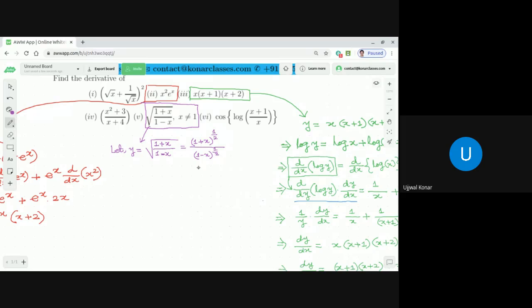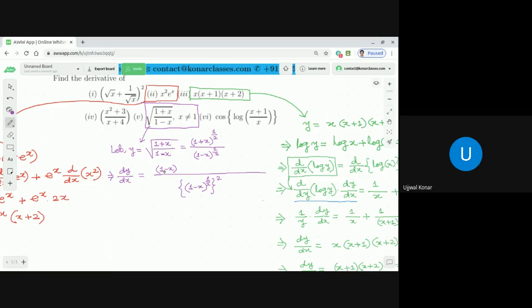So then, what we can write here is that dy dx is equal to, as we have learned, the u by v formula, where u is (1 plus x) power 1 by 2 and v is (1 minus x) power 1 by 2. So that is nothing but [(1 minus x) power 1 by 2] power 2, that is v square, then v into d/dx of (1 plus x) power 1 by 2. Correct or not?